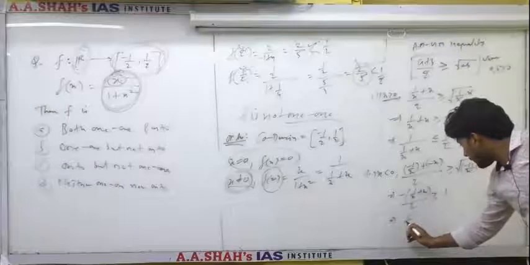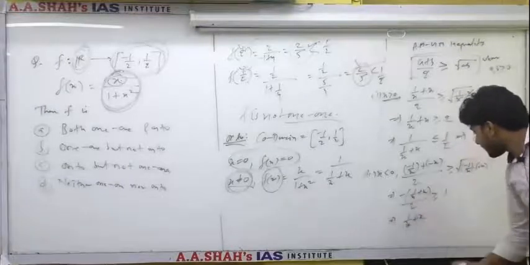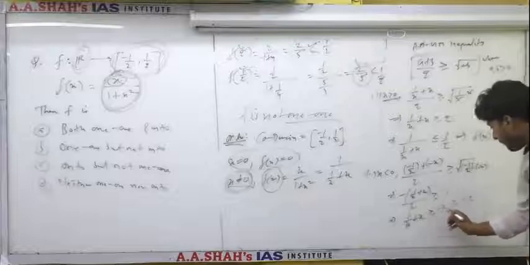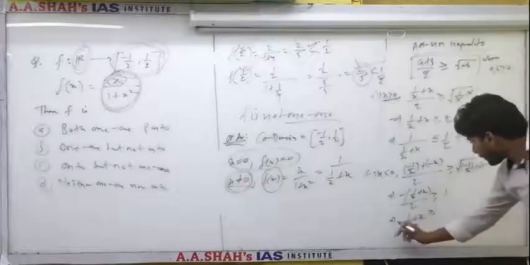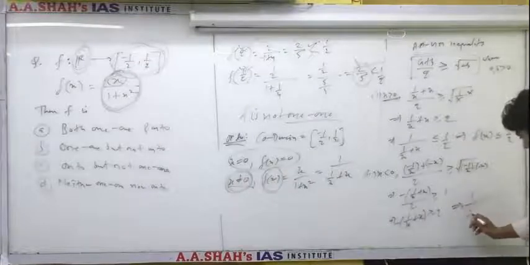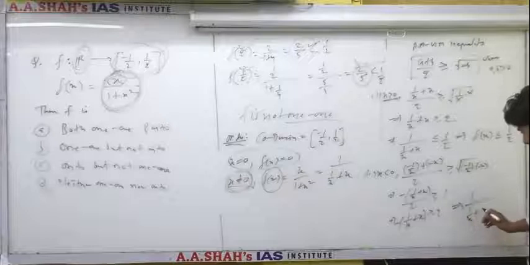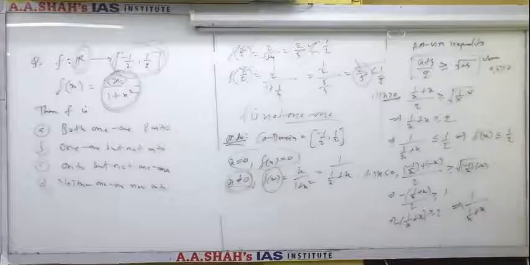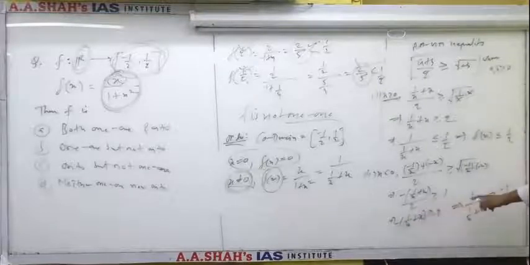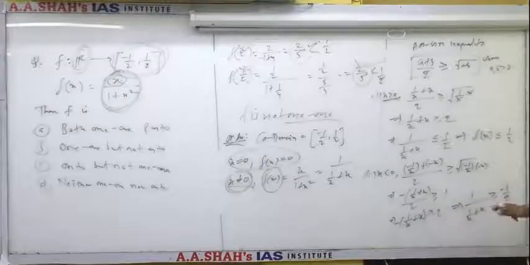So here 1 by x plus x is less than or equal to minus 2. And we take reciprocal, so 1 by x plus x is greater than or equal to minus 1 by 2, because when minus goes there, the inequality will change, and we take reciprocal, so the inequality will remain the same.